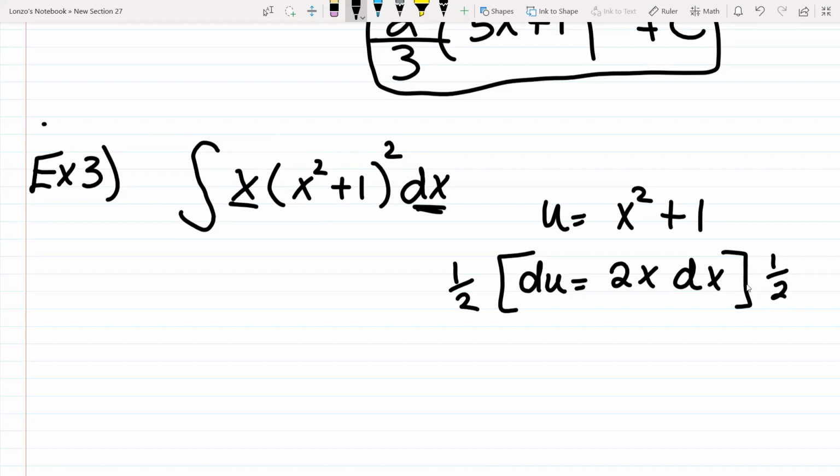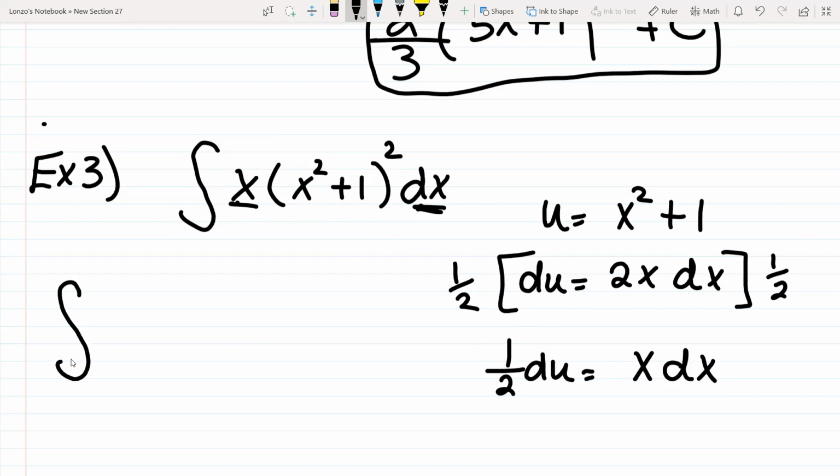So you kind of have to manipulate it to make it what you want. On the left side, 1/2 times du is 1/2 du. And then 2x dx times 1/2, well, the 1/2 and the 2 cancel, so you're just left with x dx. Now this makes sense because now we have an x and a dx, so it works perfectly.